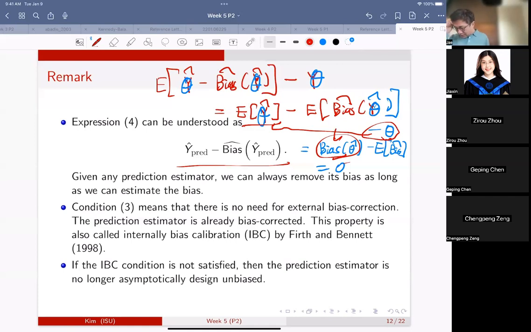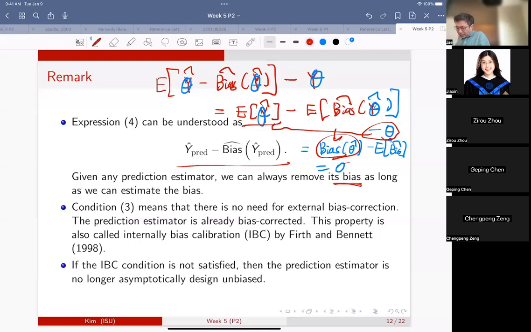So given any prediction estimator, we can always remove this bias as long as you can estimate the bias. Is it good news or bad news? Well, I don't know. Maybe good news.